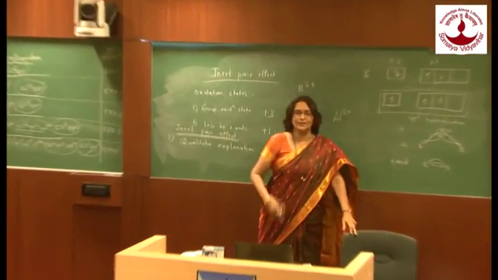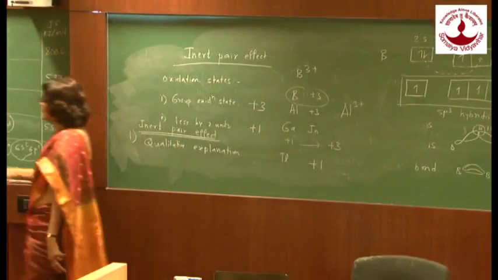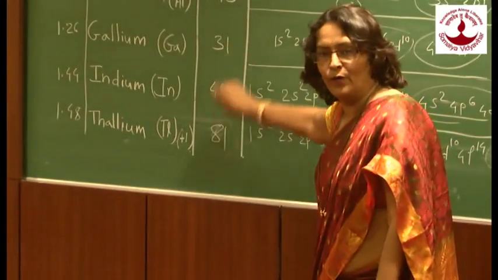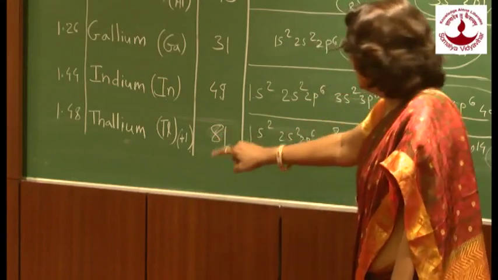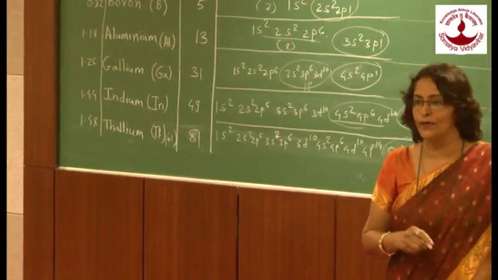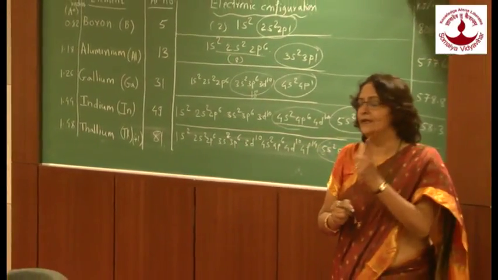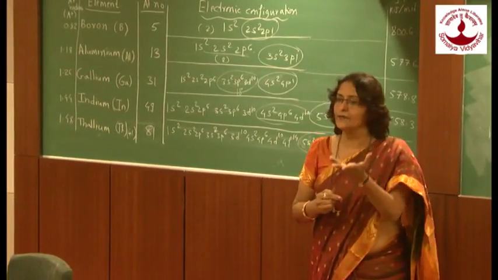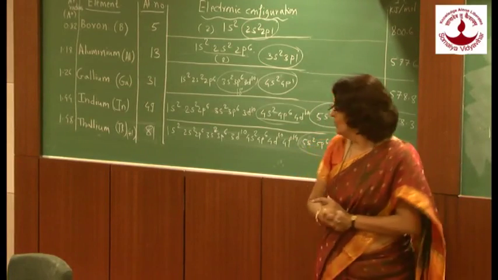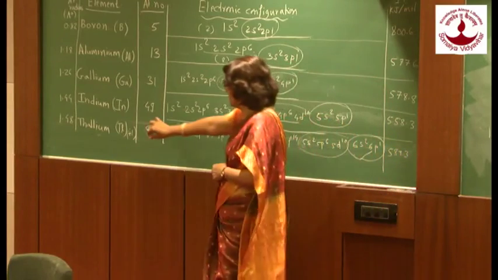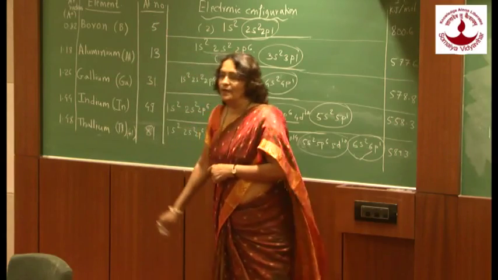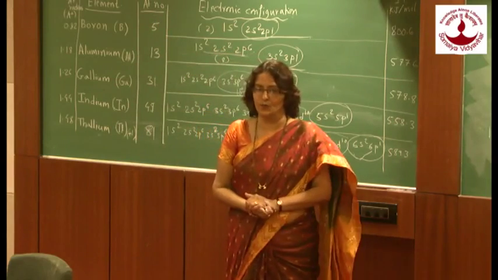And as a result, specifically when you come to the last, heaviest element of the p block or group 13, that pair of electrons becomes inert or reluctant to take part in bonding, and only one p electron can be removed or involved in bond formation. As a result, as you go down the group, only the lower oxidation state is stable, and for other members of the group the higher oxidation state is more stable.